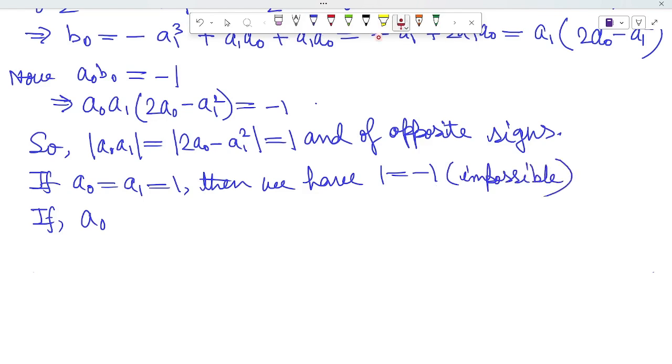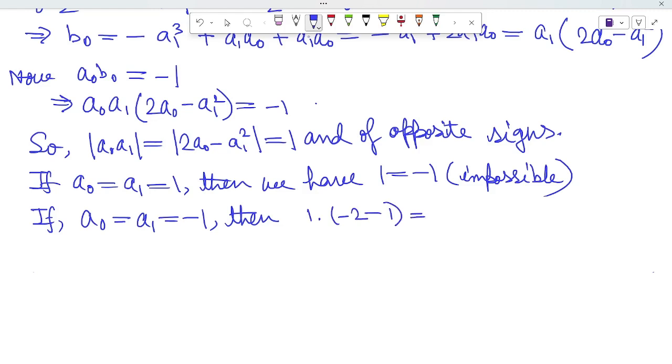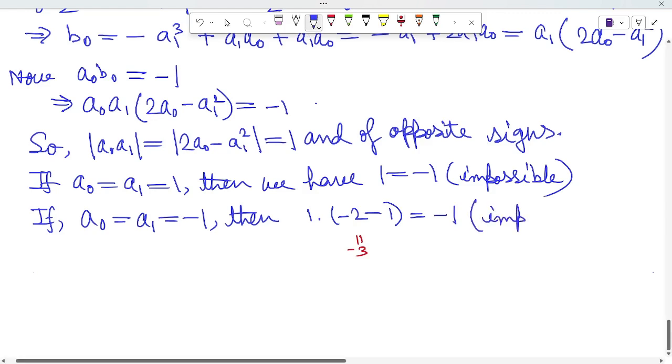We will discard this possibility. What are the remaining possibilities? If A0 equal to A1 equal to minus 1, then this thing will give you 1 into (minus 2 minus 1) equal to minus 1. But this is actually minus 3. So again, this is impossible, and I will discard this possibility also.